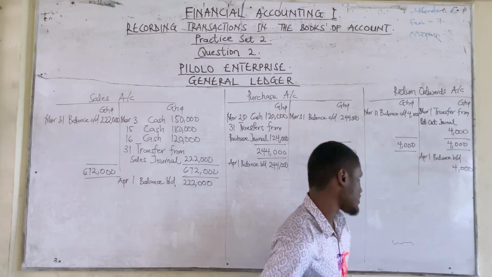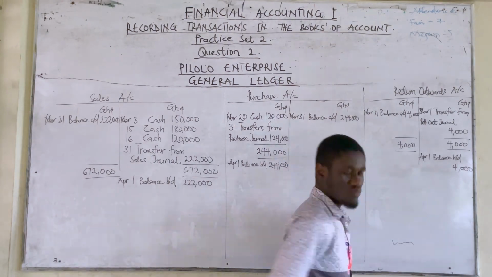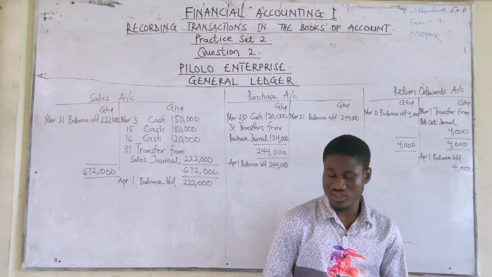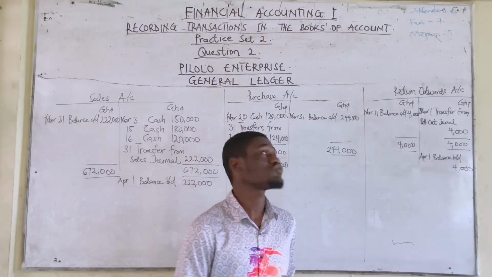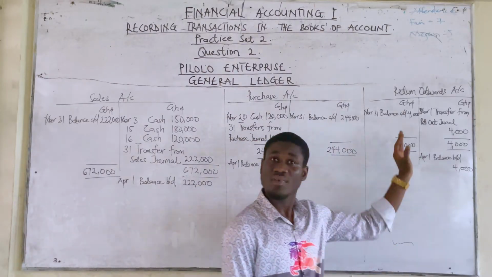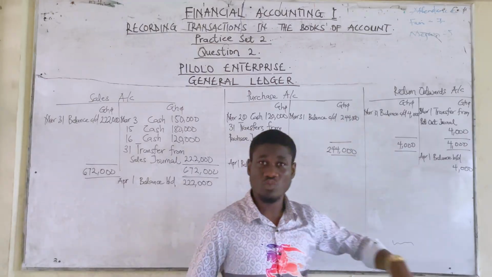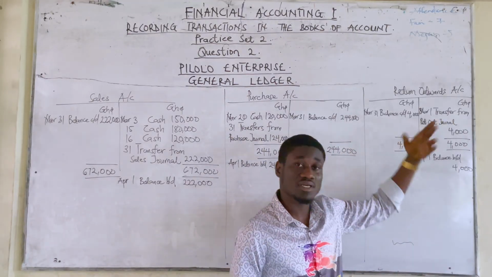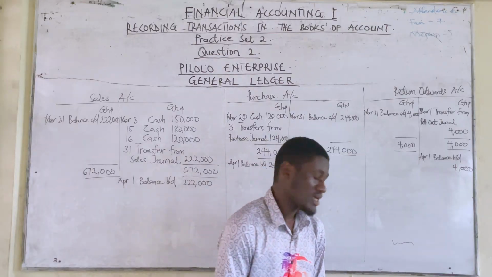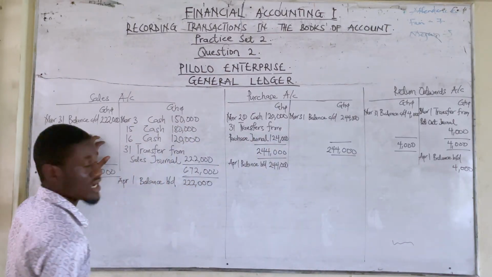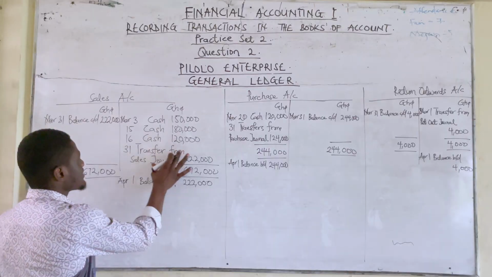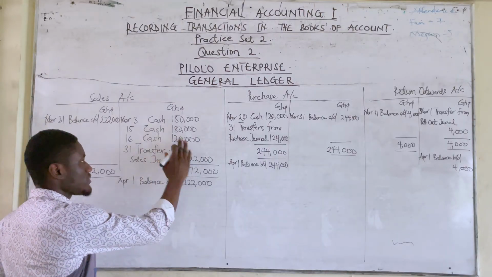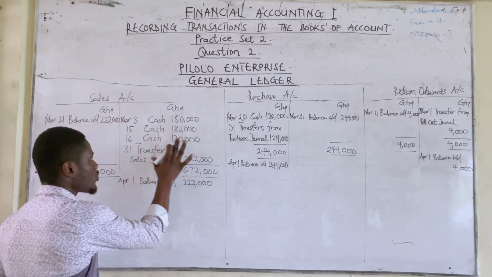So you could see that even if you go back to the question to check for returns outward, it's the same thing we did in the returns outward journal. It's what we are going to see here. We are still going to get the same 4,000. It's like the sales account here. You could have written each credit sale here, showing each credit sale.